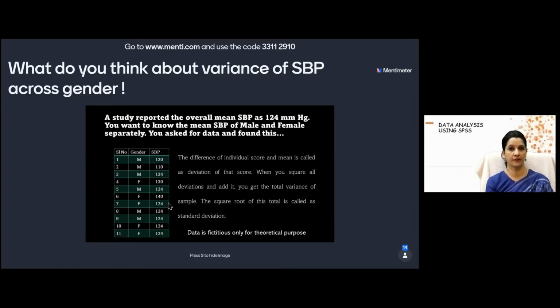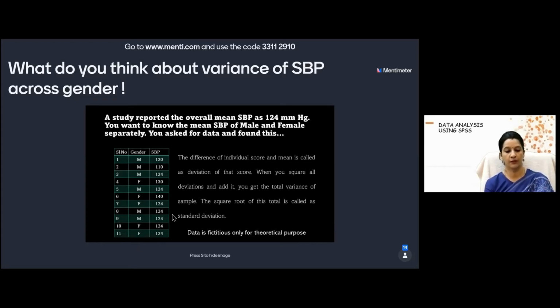So this is the variance of this particular group, known as the within group variance, meaning the deviation of the individual score from the mean. This was an example of within group variance.